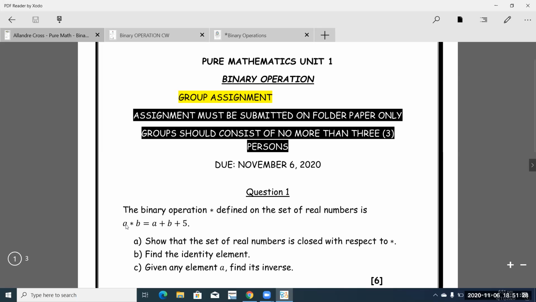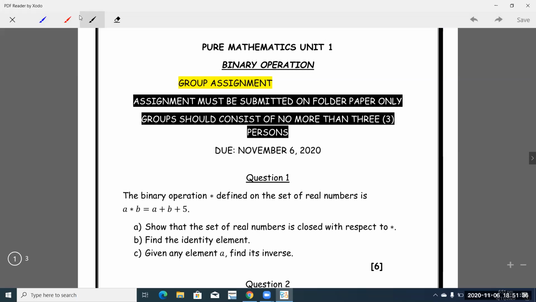So what they tell us is that star is defined on the set of real numbers. So A is an element of real, and B is an element of real.